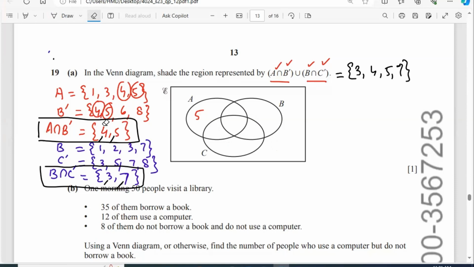3, 4, 5, 7. This was 3, 4 and 5, 7, these areas.